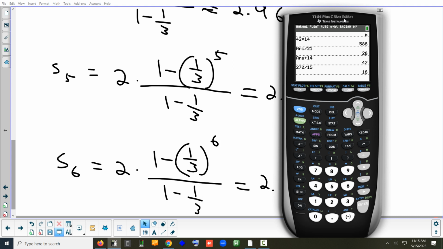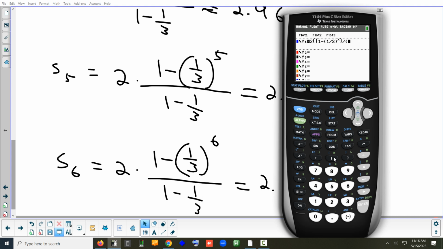It's just a little messy to type in because you've got some fractions. But here's how you can do it. So we've got 2, and then in parentheses, let's do another parenthesis, 1 minus 1/3 to the x, and then close the parenthesis because you're done with the numerator, divided by, and it's easier to just do 1 minus 1/3.